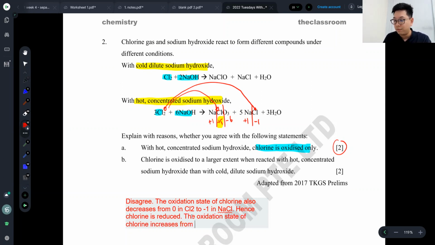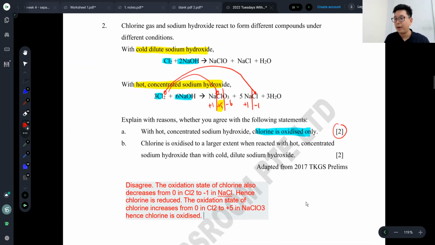Chlorine is reduced. The oxidation state increases from 0 in Cl2 to +5. So it's basically both oxidized and reduced.